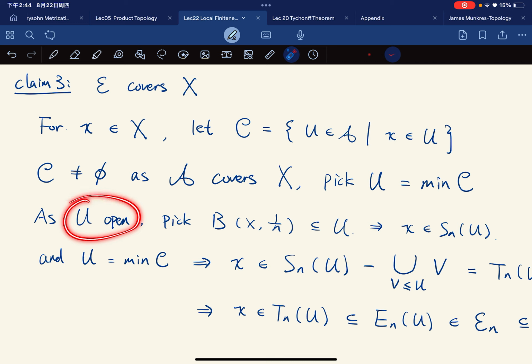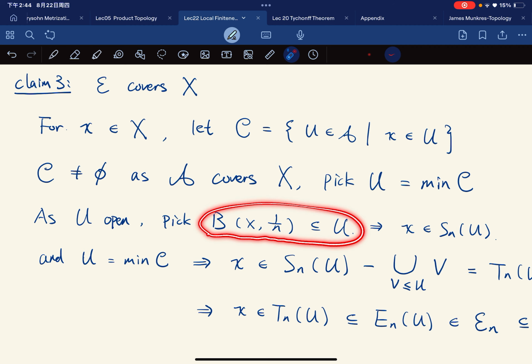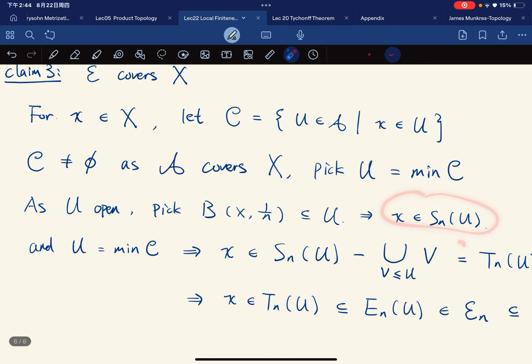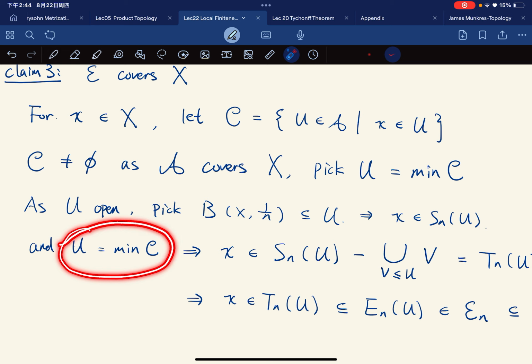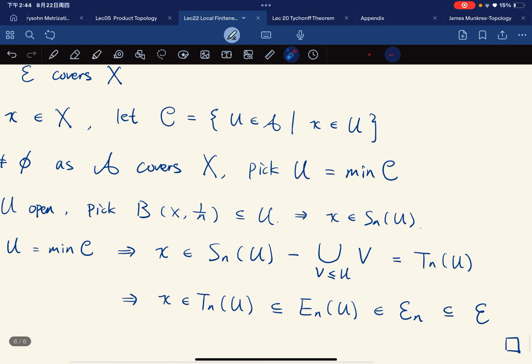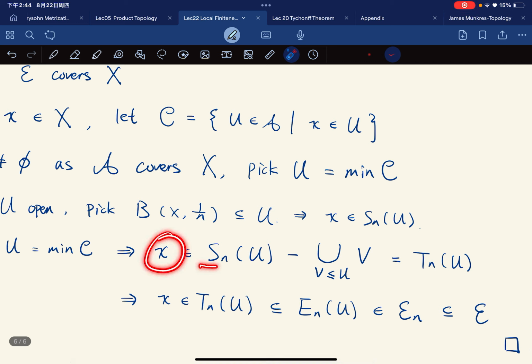As U is open, we can pick a 1/n ball in U, because U is open. Thus, we have this. But U is the minimum of this. Thus, x is in S_n,U minus the union of the V's, which is still T_n,U.